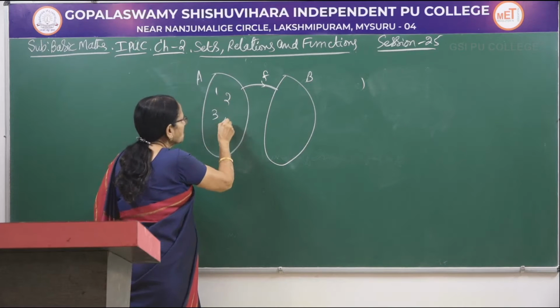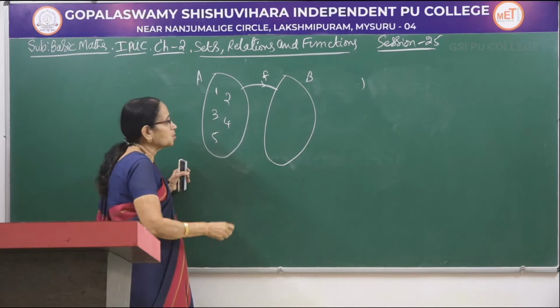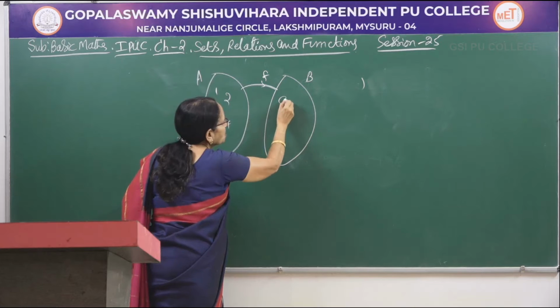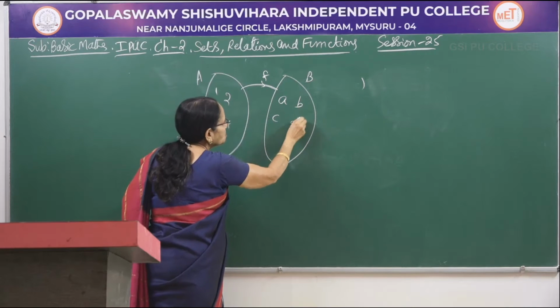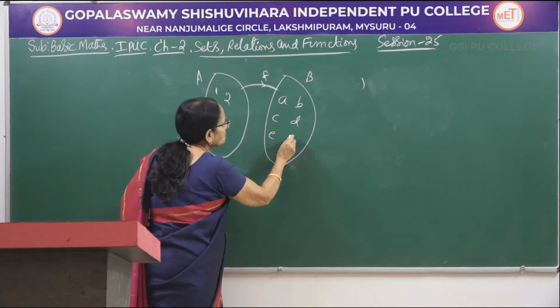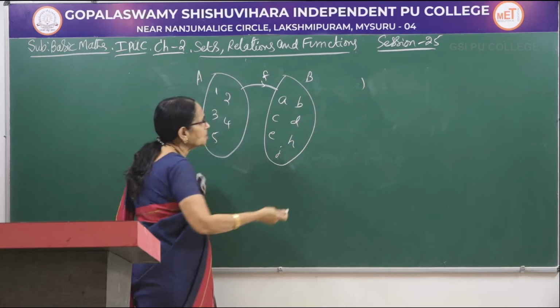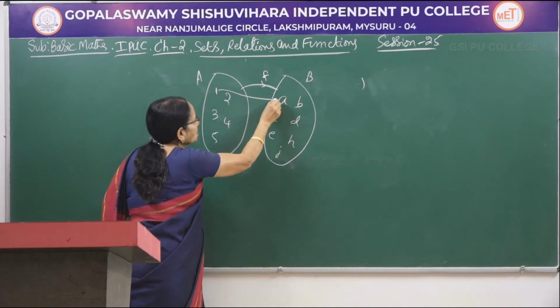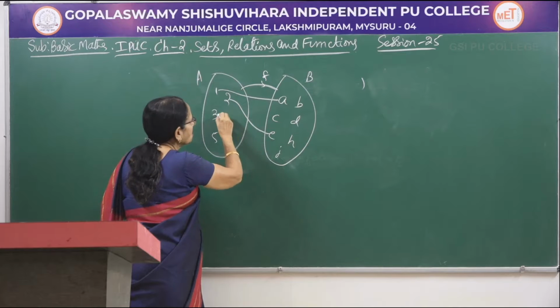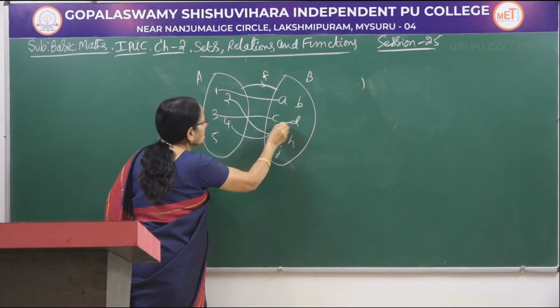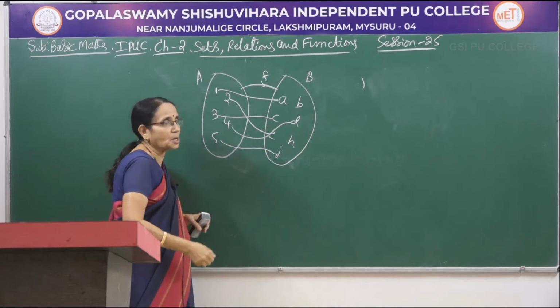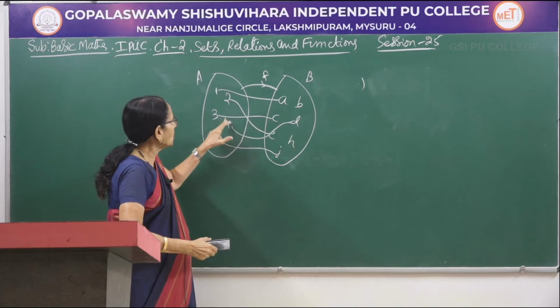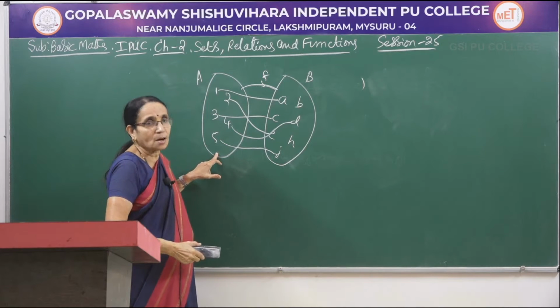Suppose I am having the elements like this 1, 2, 3, 4, 5, and here A, B, C, D, E, H, J, some elements are there. Look here, 1 with A, 2 maybe with E, 3 with C, 4 with D, and 5 maybe with J. You observe here, there are 5 elements in the first set A or the domain.